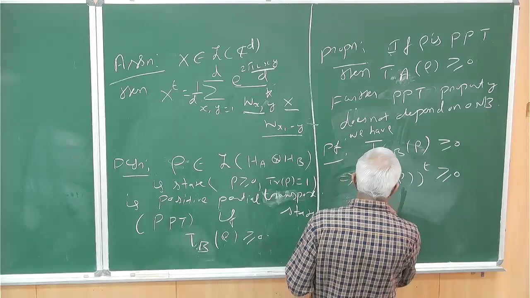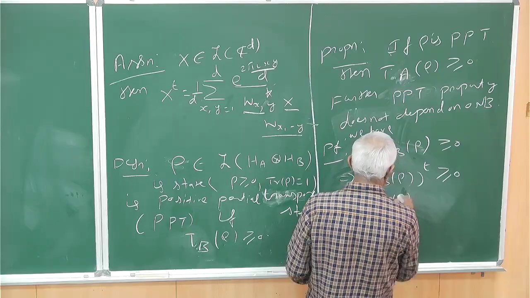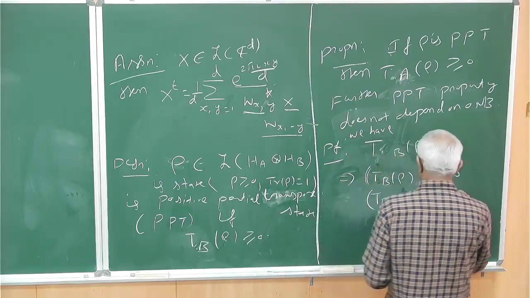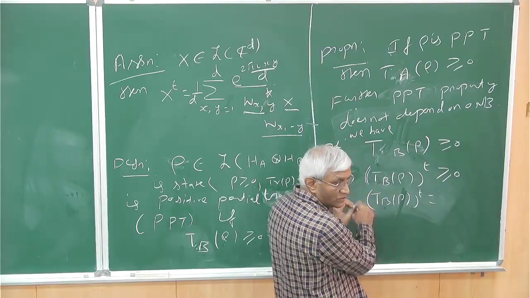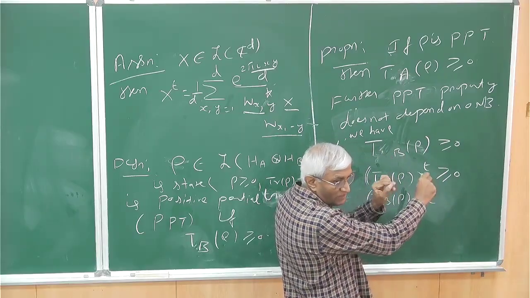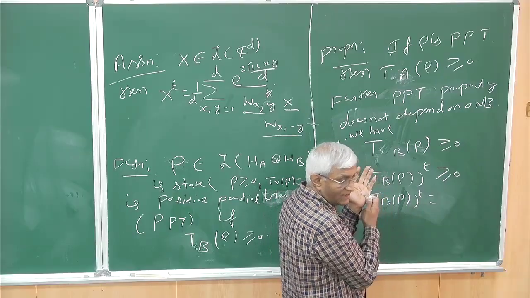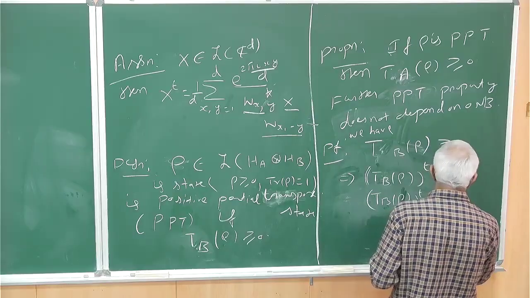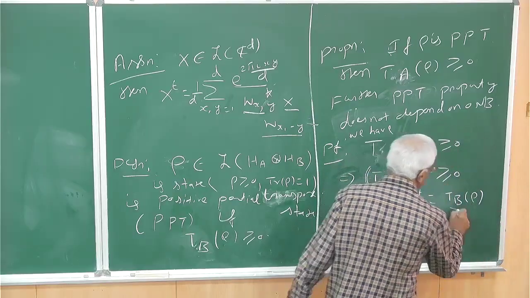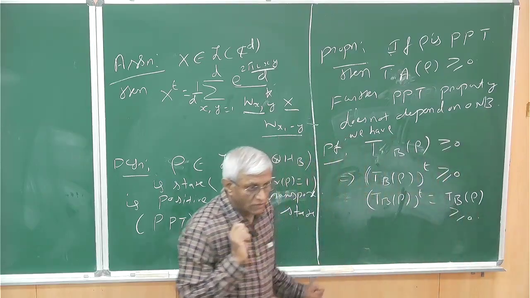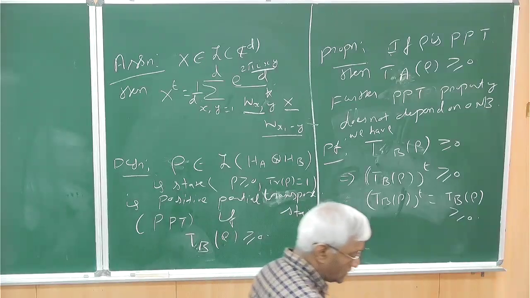So T_B rho transpose is just T_A tensor T_B: transpose in the A component, tensor transpose in the B component, and the transpose in the B component twice becomes identity. So it is just transpose A. So this is also positive. So if the transpose in one component is positive, it's positive in the other component also, provided rho is positive.